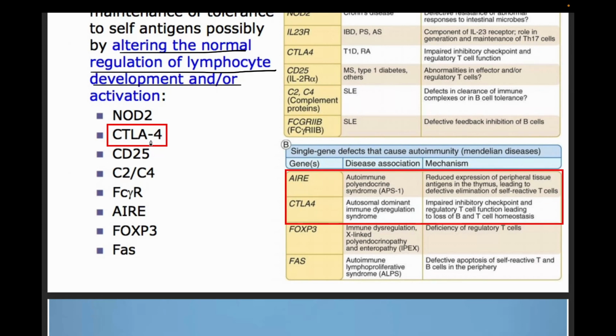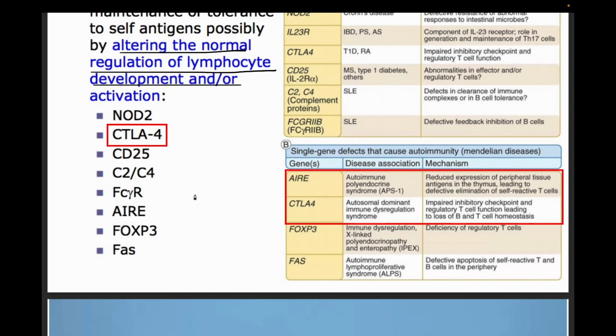Among them is CTLA4. What is CTLA4? It is an inhibitory receptor which basically suppresses the activation of T cells, which might lead to what? Which might lead to anergy. How? It decreases the number of B7, which is the secondary signal.